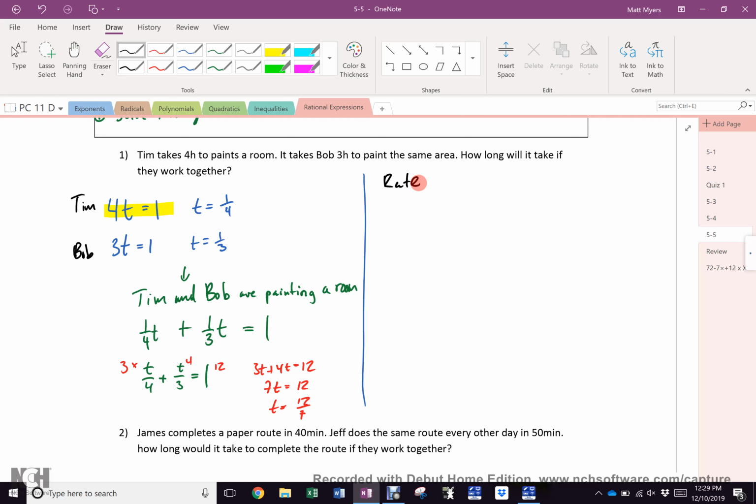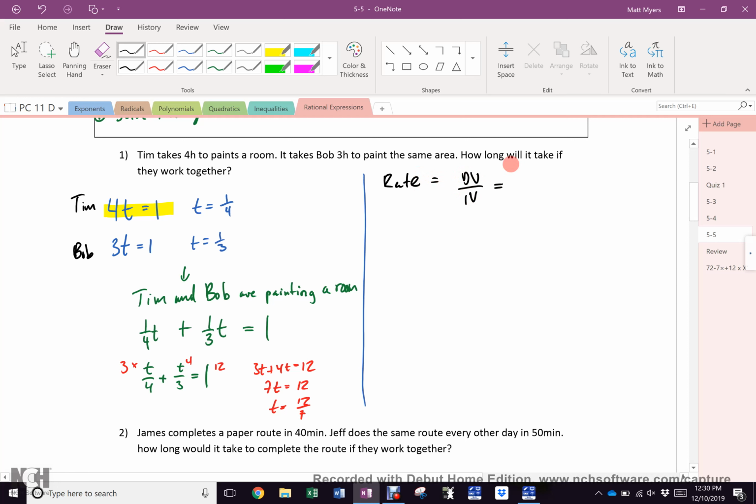Okay, so what are the two things being counted here? Time and rooms painted, agreed? Right? So what would the rate be in this case? Since it's dV over IV, what in this case is the dV?